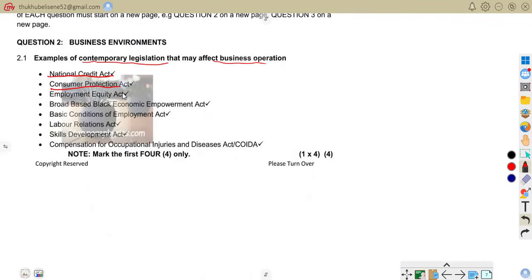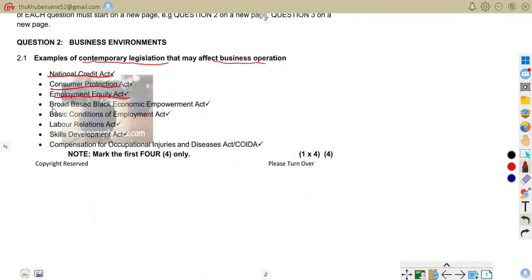Another contemporary legislation is Employment Equity Act, EEA. It promotes equal opportunities and fair treatment in the workplace. For example, a company must ensure fair hiring practices and not discriminate based on race or gender. Hope you're together on that.